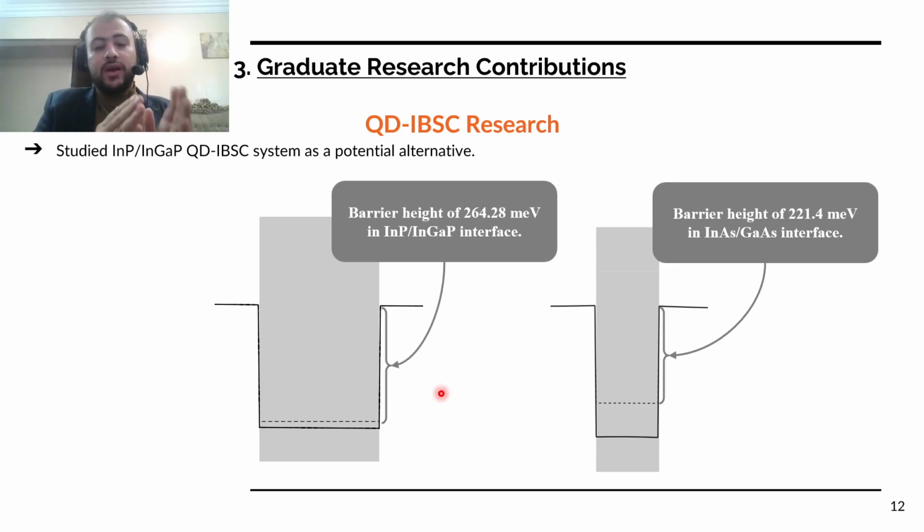Finally, the lower lattice mismatch between indium phosphide and indium gallium phosphide, approximately 3.8%, would eventually lead to better carrier separation and extraction efficiency. This will lead also to better growth conditions, or the ability to grow larger quantum dots while maintaining a good lattice quality.